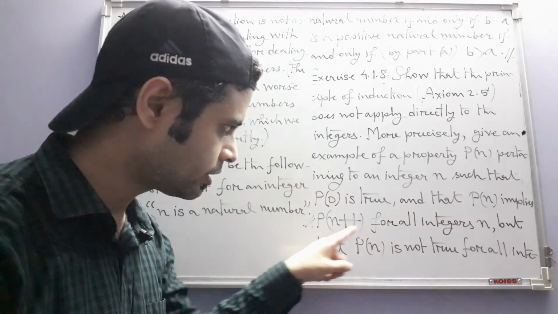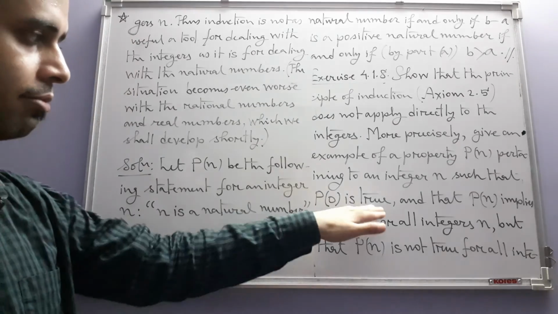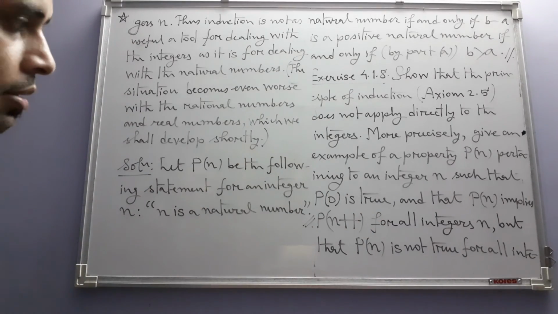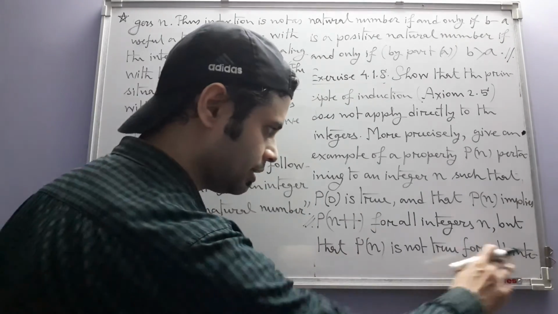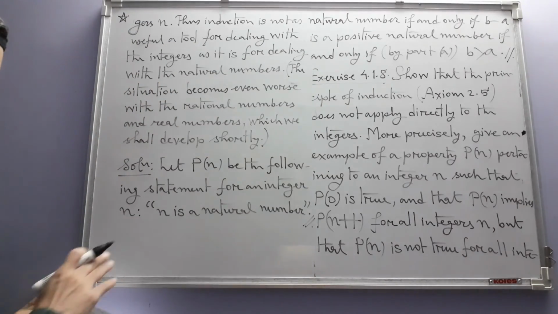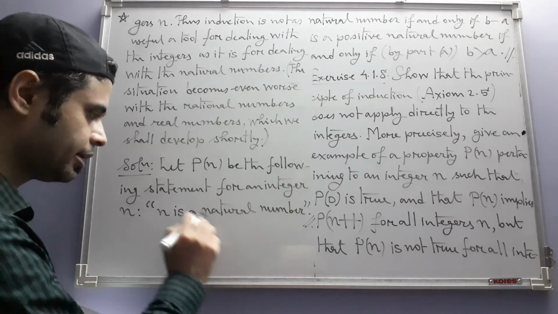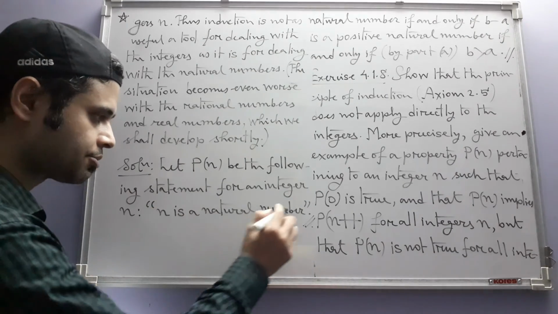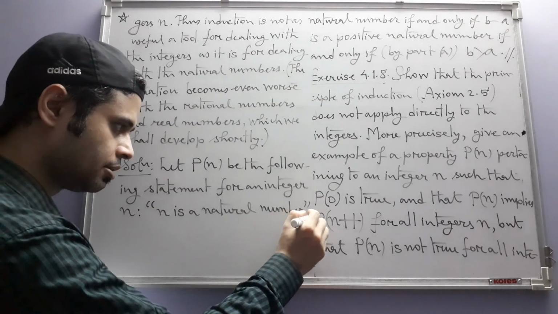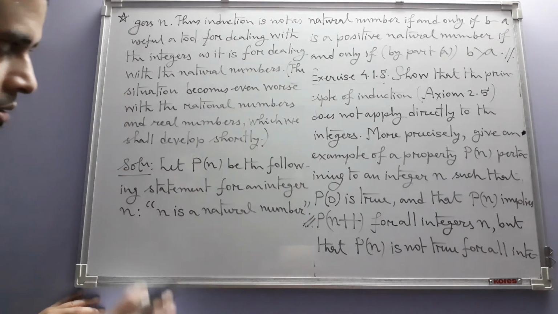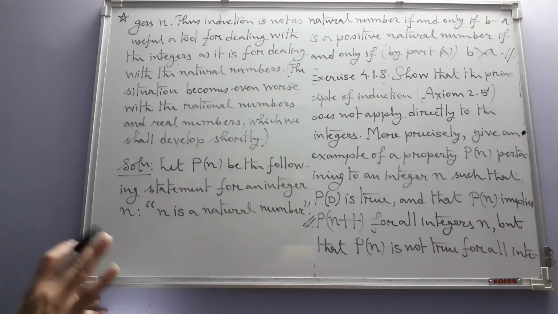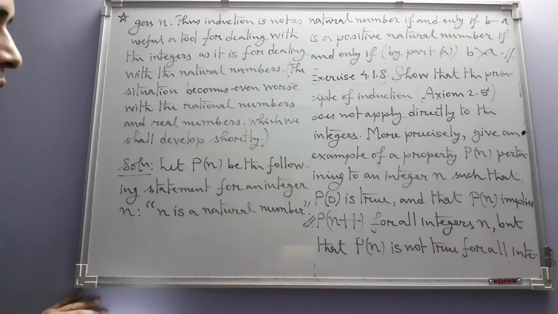So all these conditions are true that we normally have in an induction argument. But clearly P of n is not true for all integers n, because all integers are simply not natural numbers. There are negative integers also. So that's why this is one such statement which shows that induction is not well suited for the set of integers.